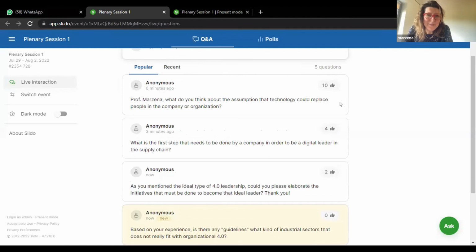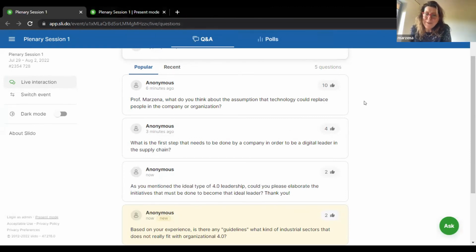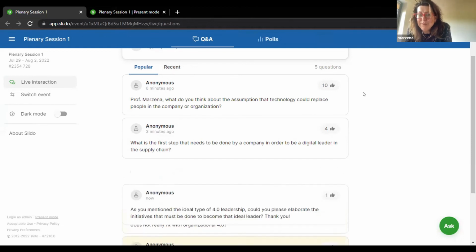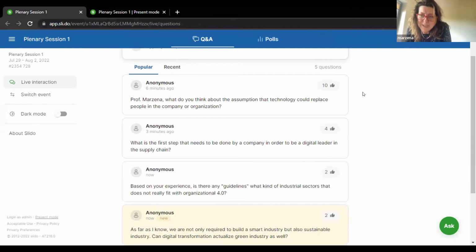Okay, the technology could replace people in the company or organization. Yes, I think this is a question which is the example of our concerns about the future, about artificial intelligence and so on.